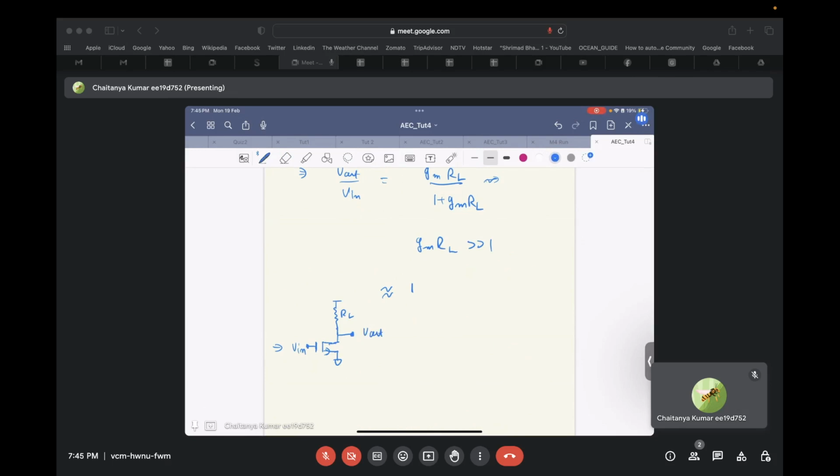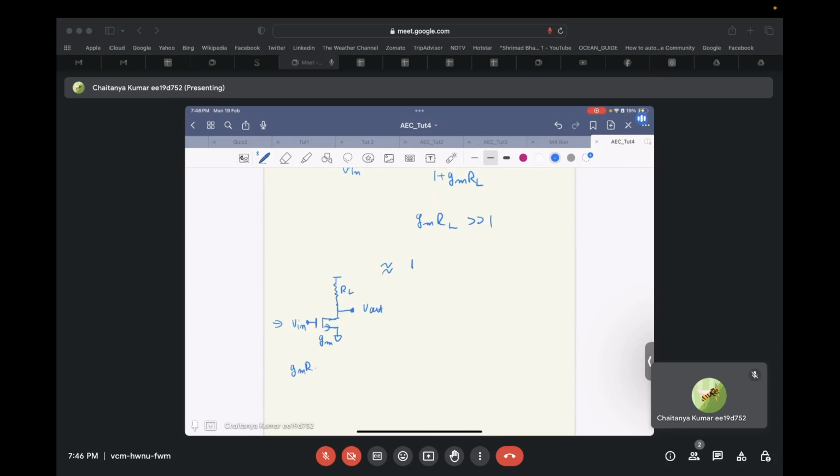If the transconductance of this transistor is GM, the gain from input to output is basically minus GM RL.